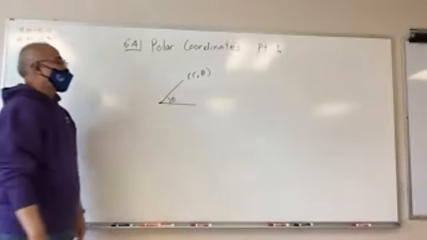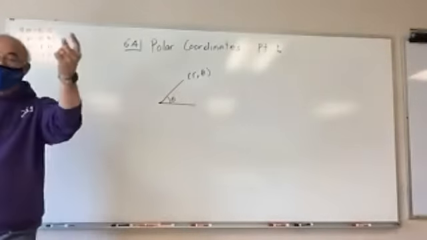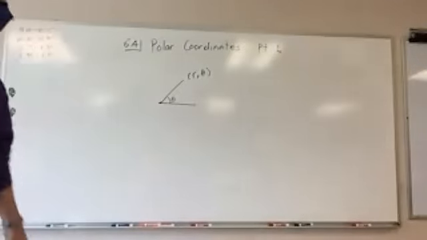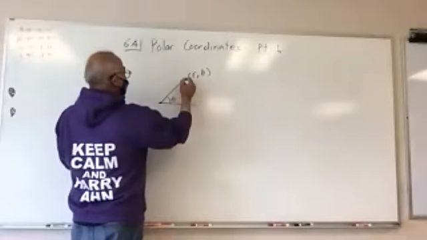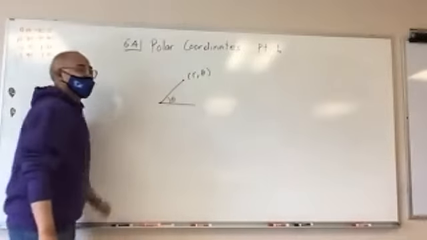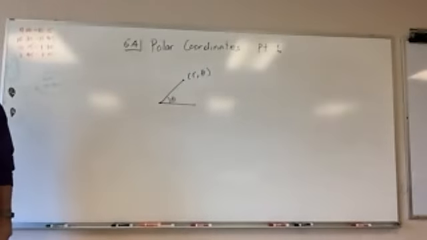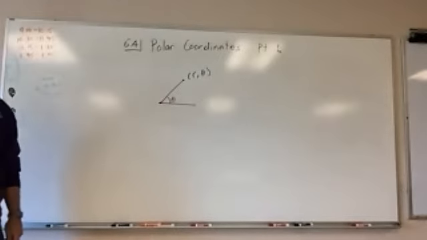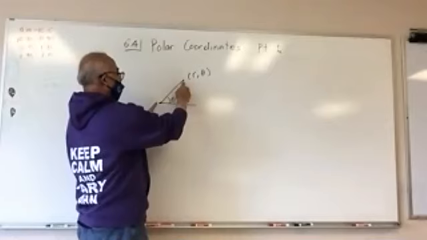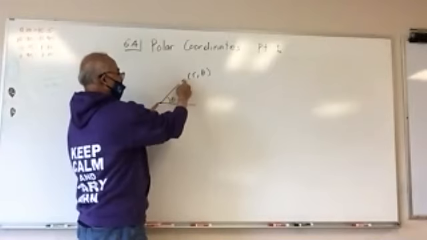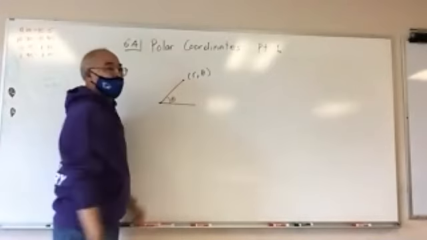Okay, so if you put this on and think about it in a Cartesian coordinate way, what would your X coordinate be here? Since this is R and this is theta, wouldn't it be R cosine theta?